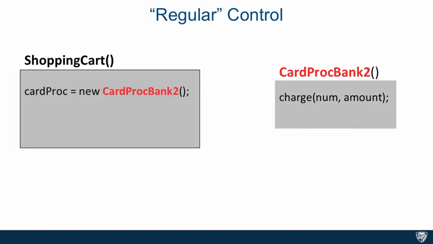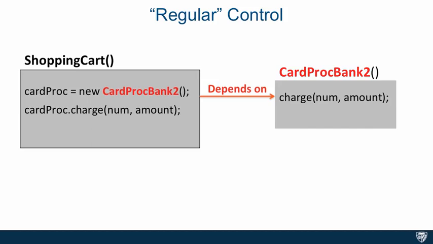And in that case, it means that our shopping cart code would have to slightly change, and now when we create the instance of the credit card processing module, we would have to create it for bank 2. And then as before, we would call that charge method, passing it the number and amount, and here again you clearly see that the shopping cart depends on this card processing for bank 2 module.